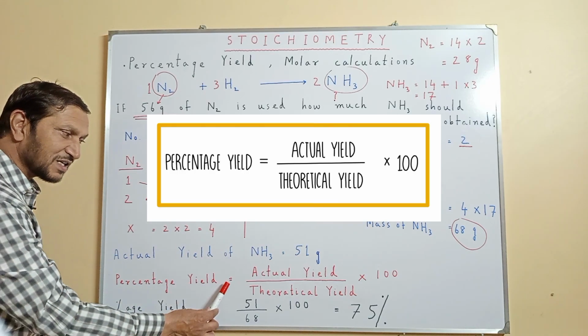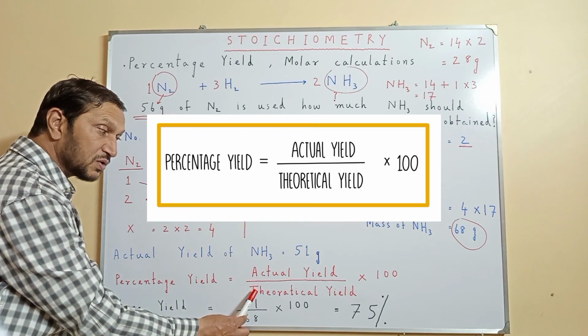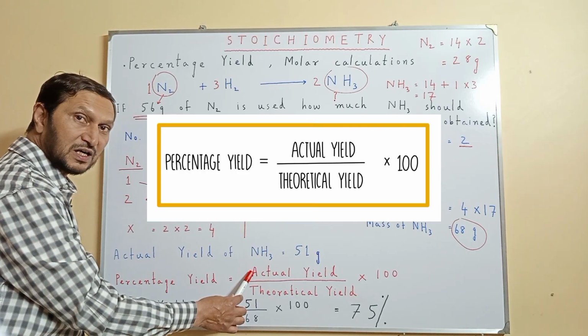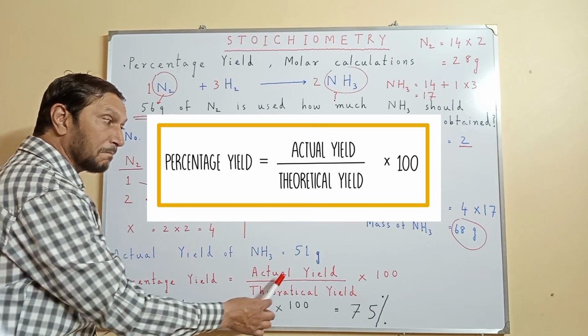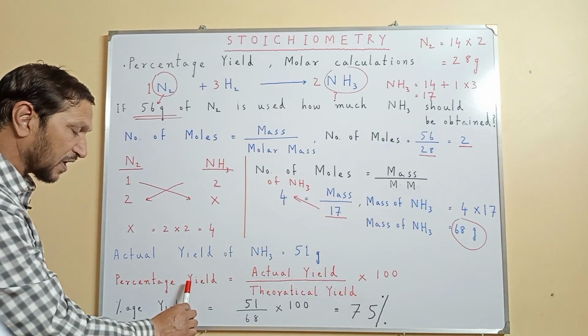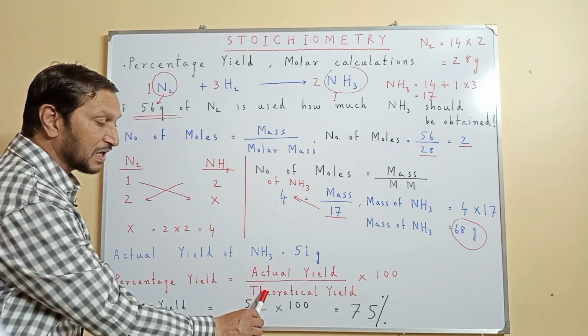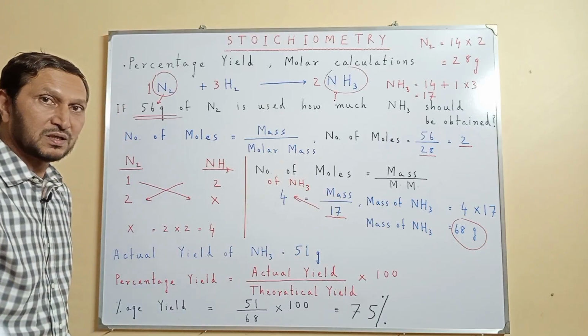Percentage yield is equal to actual yield, or practical yield, divided by theoretical yield, or expected yield, multiplied by 100. I repeat, percentage yield is equal to actual yield divided by theoretical yield multiplied by 100.